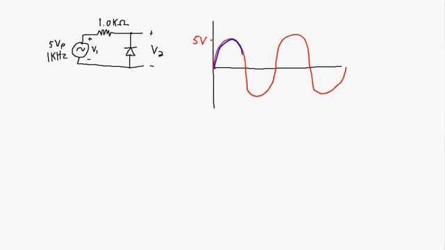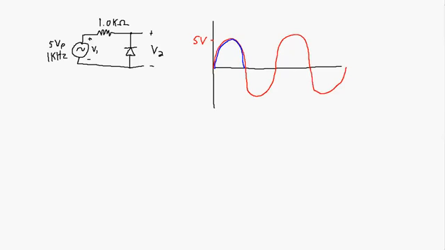I'm just drawing it slightly offset so you can see both of the signals. So that's in the positive half of the input signal. The output signal, which is V2 here, is going to be the exact same.